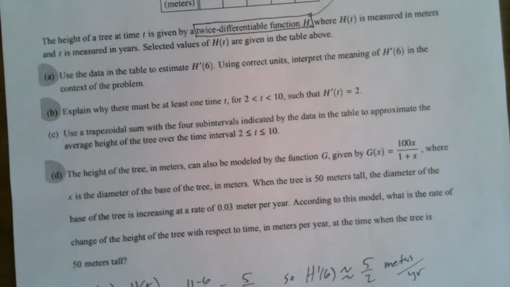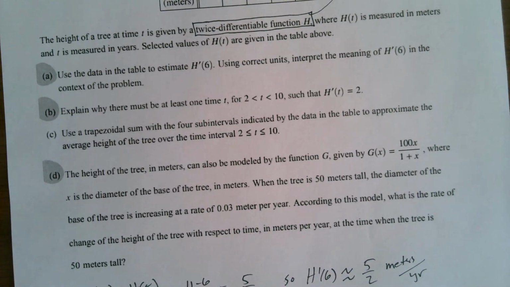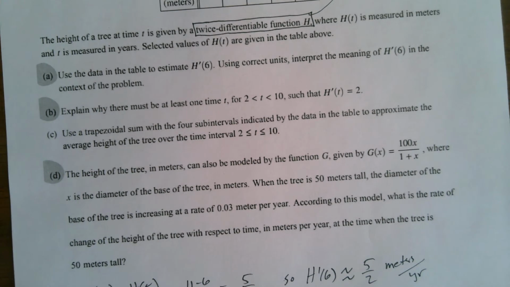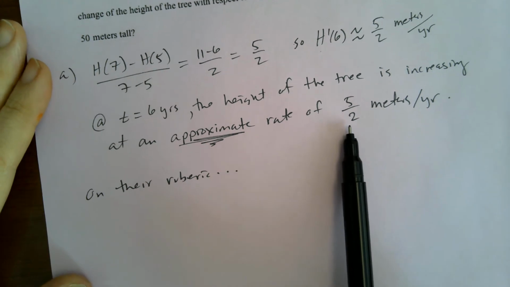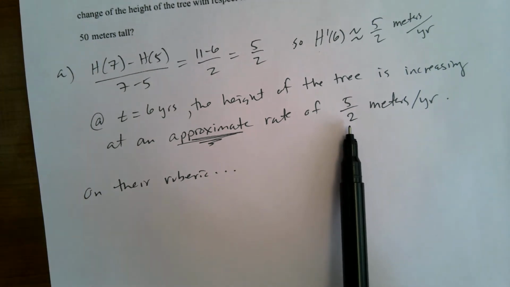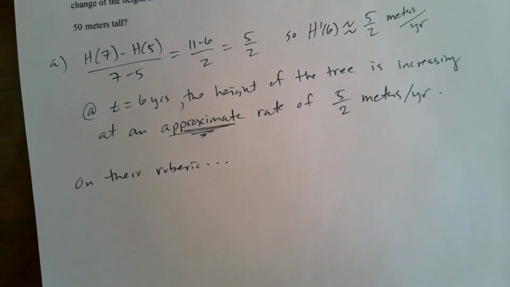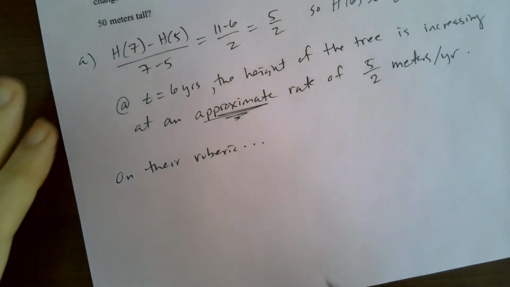Like, assuming you didn't get a number that estimated it, what does h prime of 6 mean in this context? So I'm interpreting the approximation that I got, but it turns out that they wanted you just to interpret h prime of 6 without saying what it equals. So on their rubric, they say this.